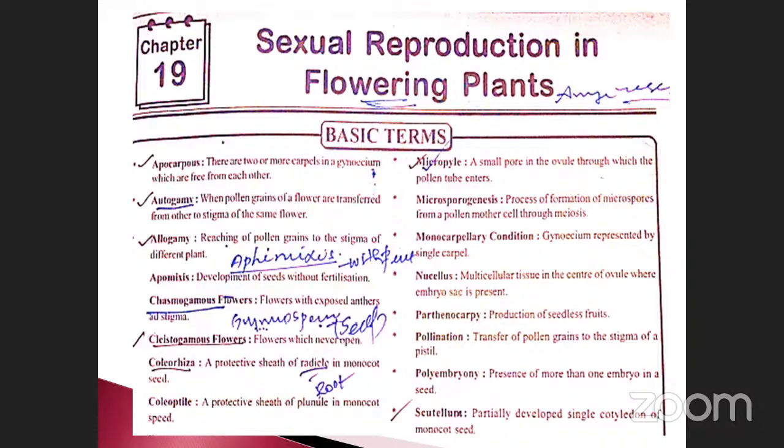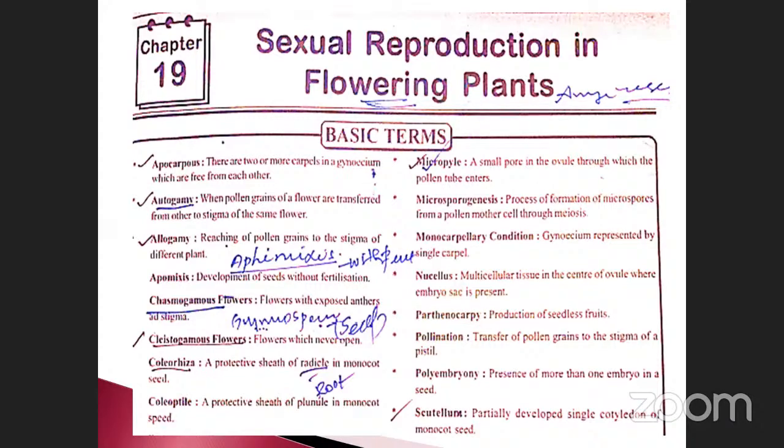Example, gymnosperm, because gymnosperm seeds are naked, we can easily see them with the normal eye. Clistogamous flowers are flowers which never open. That means it is a closed manner. This type of flower is mostly present in angiosperms.